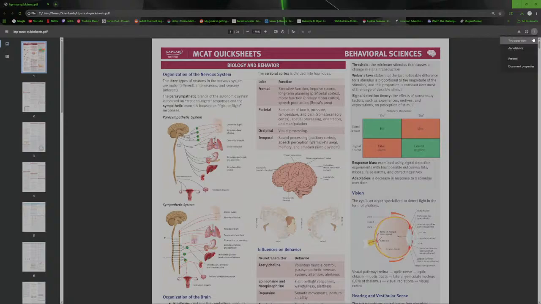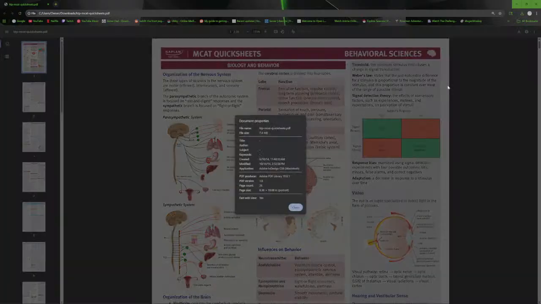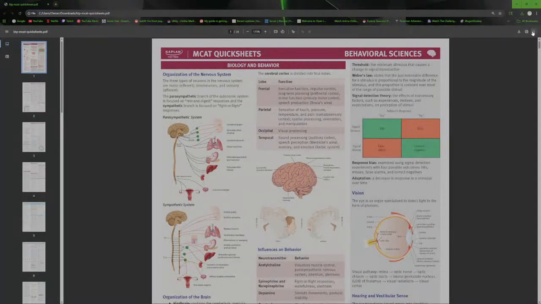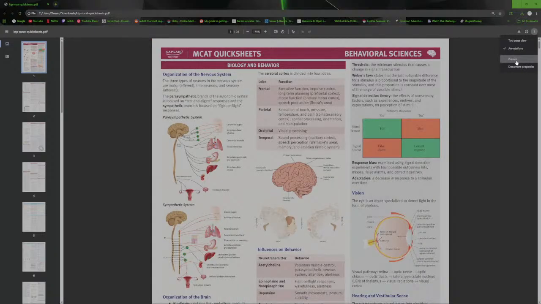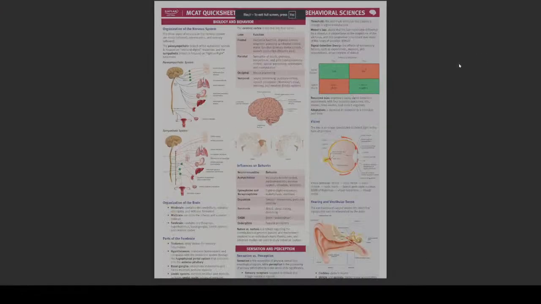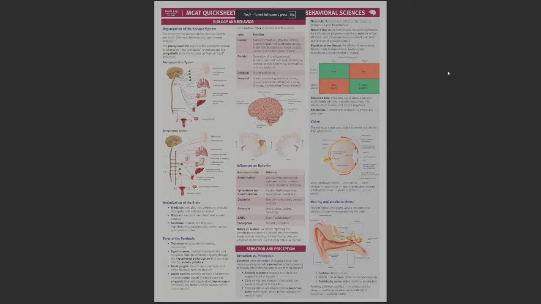Annotation? I don't know. Two-page view? I don't like that. I guess we'll just do it in presentation mode. And we'll make a note of the stuff that I need to review more.